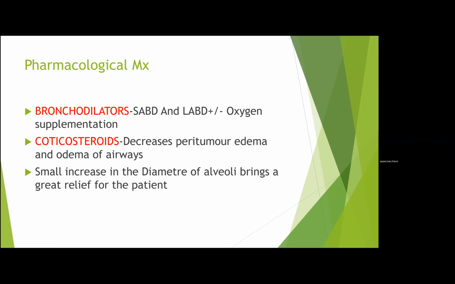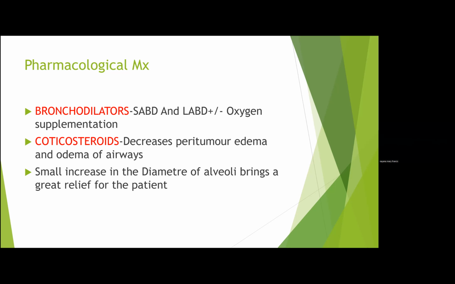When you give a corticosteroid, it reduces the peritumor edema, so in turn the size of the tumor will be reduced. The tumor pushing on the walls and compressing the vessels will come down, and the patient will feel a little better. We use it regularly here. Corticosteroids are very helpful. So first we try bronchodilators, then we give corticosteroids.